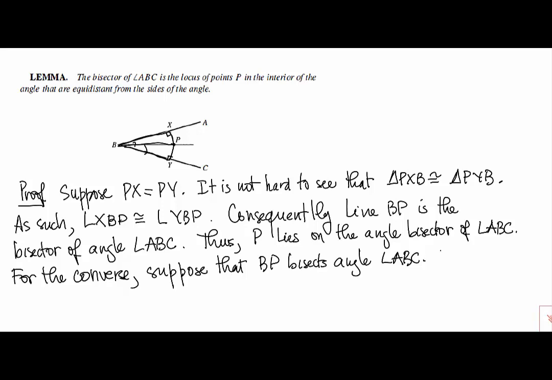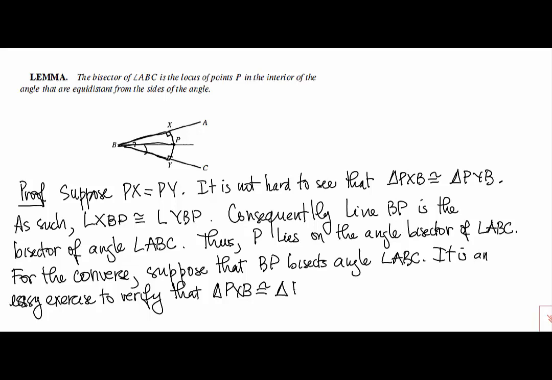It is again an easy exercise to verify that triangle PXB is in fact congruent to triangle PYB, and this is actually a consequence of SAA, and as a result PX is indeed equal to PY as desired.